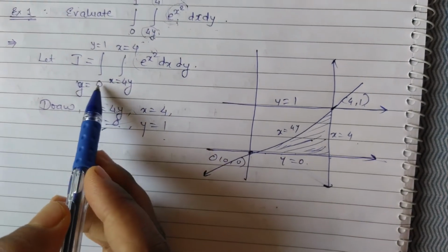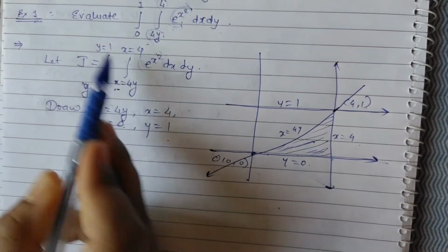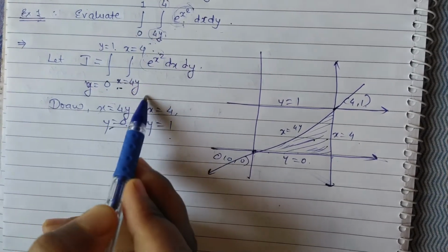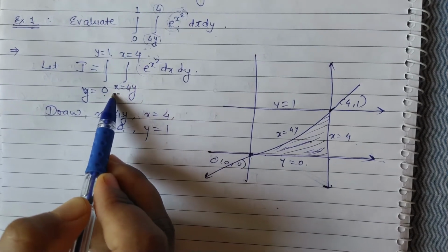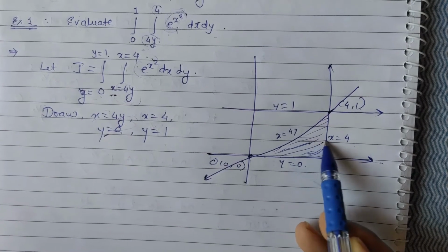Now, what are the given limits? x is equal to 4y to x is equal to 4. Limits in terms of y means these are limits of x, so originally a horizontal strip is given.